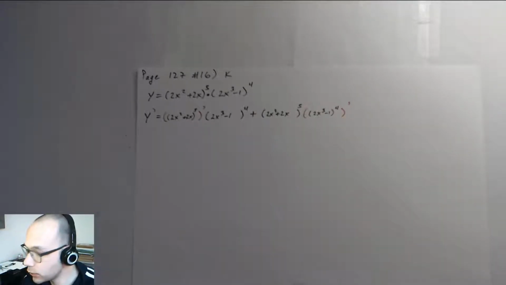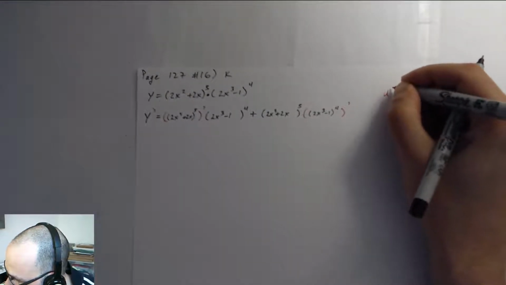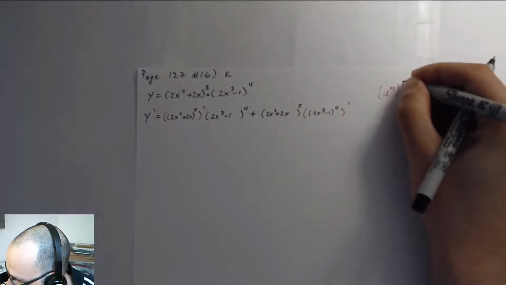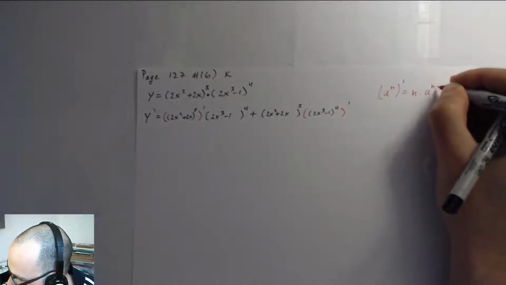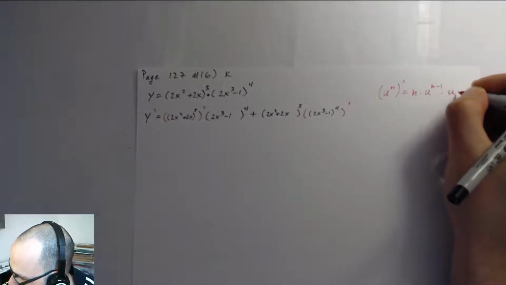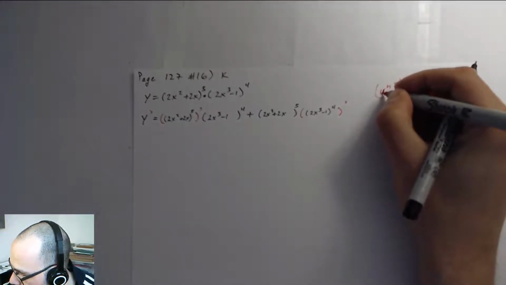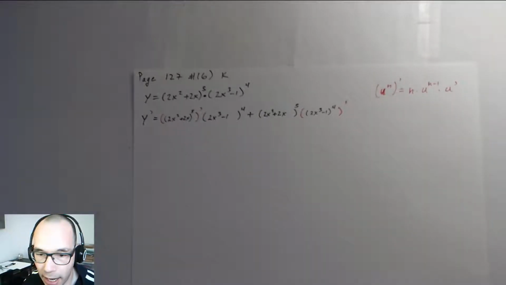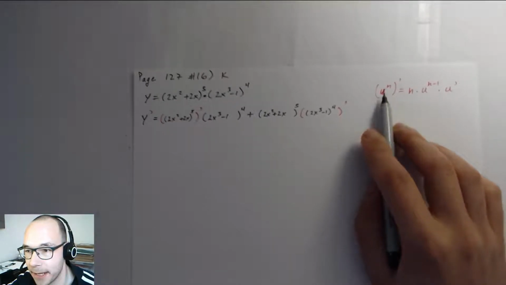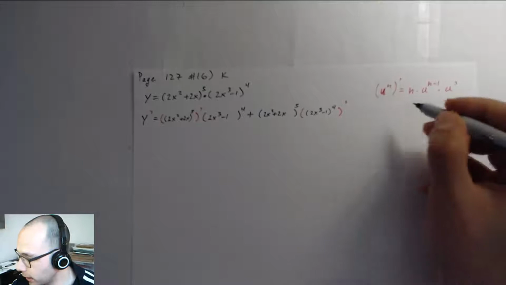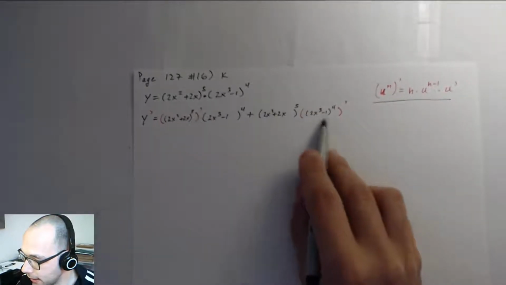To prime those, you'll have to use your special rule, your u to the power of n prime rule. It's equal to n multiplied by u to the n minus 1 multiplied by u prime. You have to use it because remember that u is a function.